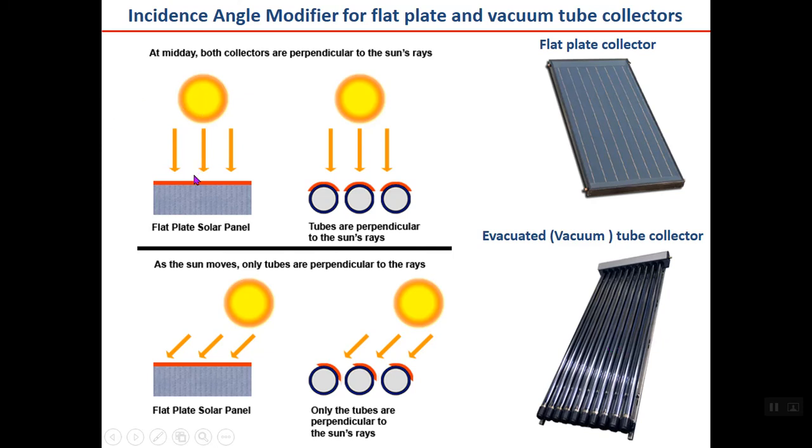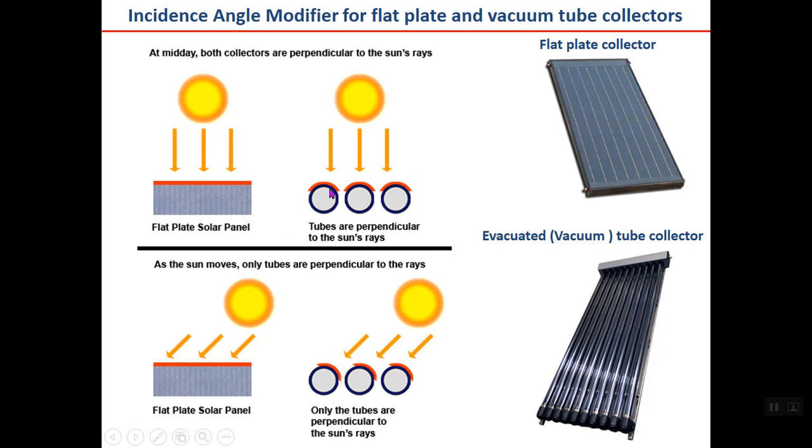When the sun hits the collector surface of a flat plate solar collector, as you can see here, and the sun takes an angle with the plate different than normal, the case will be something like this, and the angle will be less than 90, so the radiation received by the flat solar panel is less. But another case happens with a vacuum tube solar collector.